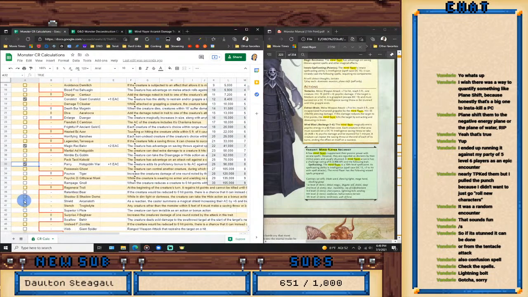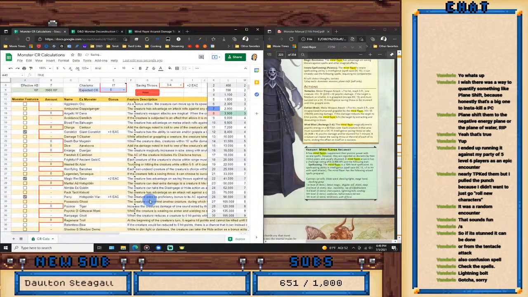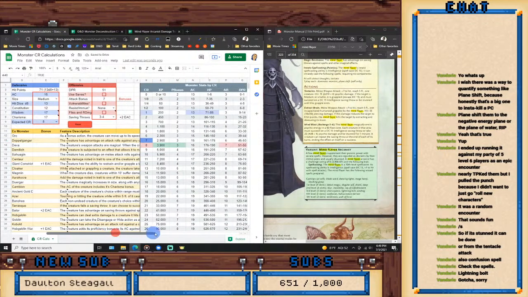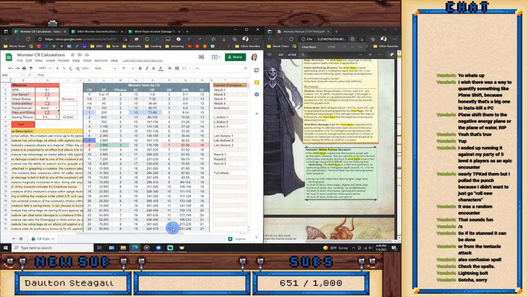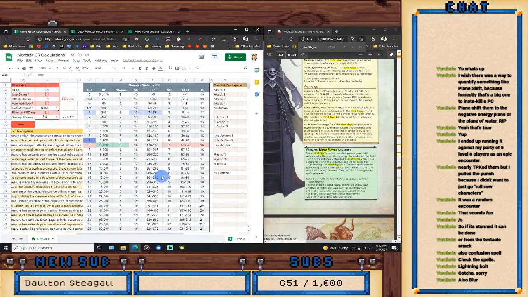So let's throw on shield and see what we're looking at already, just from that alone. Right off the bat, we're seeing in the green zone here on my chart that just with shield, our Arcanist is already a CR8 monster.